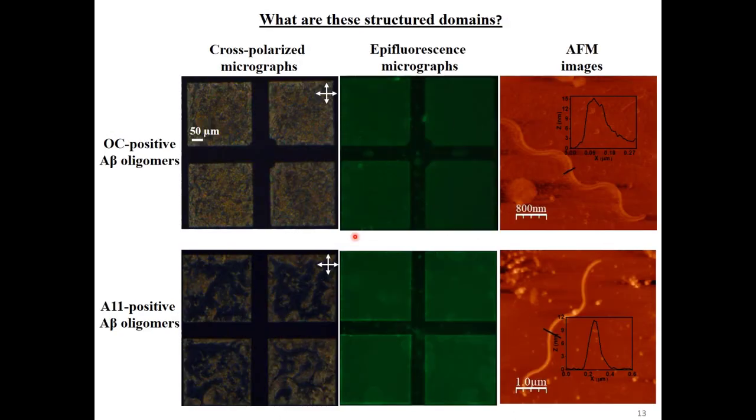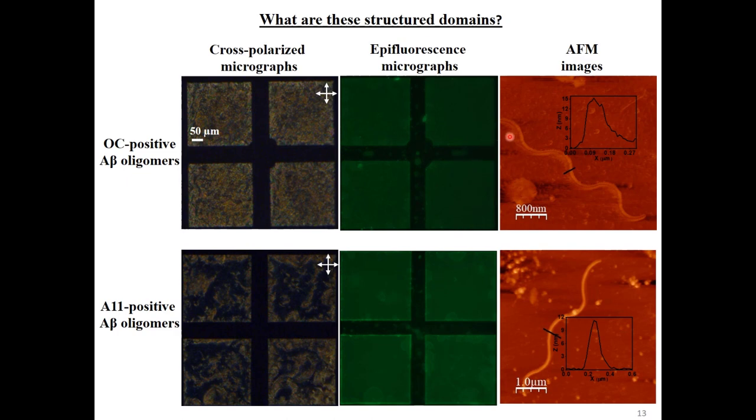To further understand these branched domains, we performed a ThT assay. ThT is a well-known amyloid marker which binds to the fibrils to give bright green fluorescence. We found that the branched domains are ThT positive amyloid fibrils.